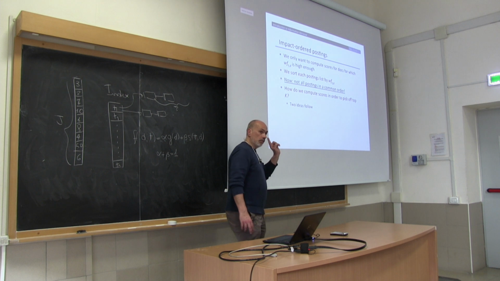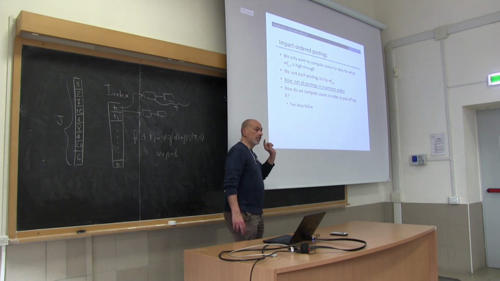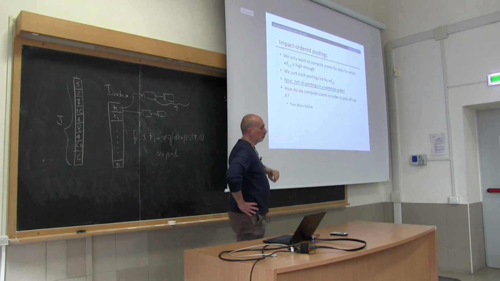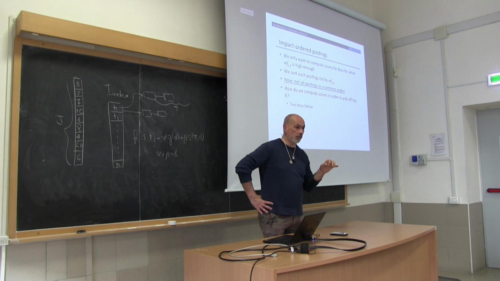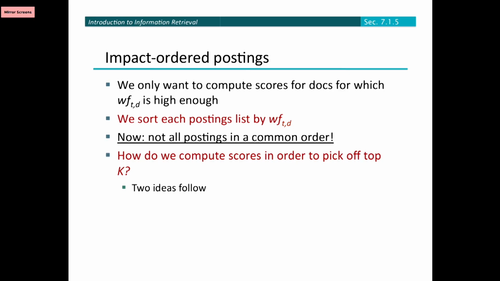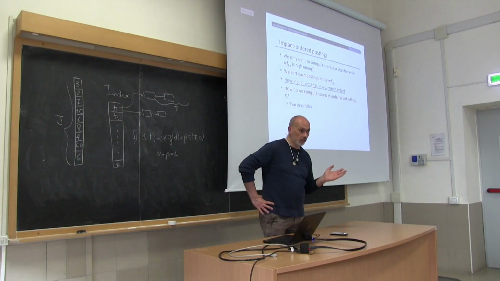If I'm using that type of approach, which is called term at a time scoring, what I can do is just sort every posting list of every term locally just by decreasing weight of the document with respect to the term.